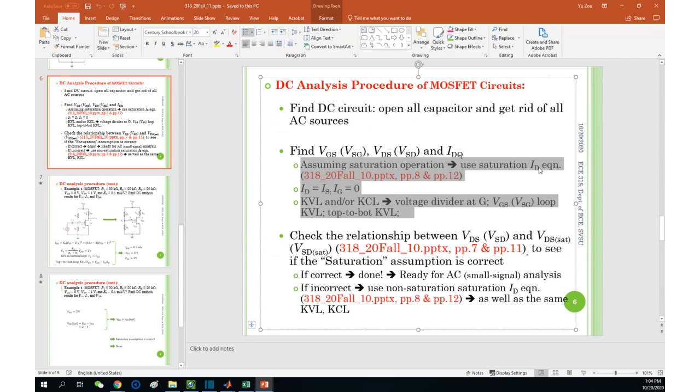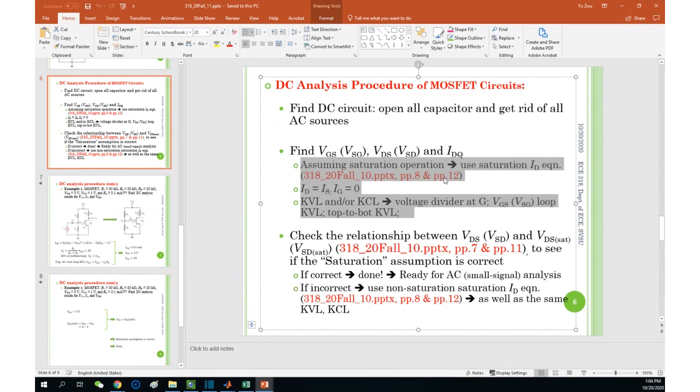This formula is available in slides number 10, which means lecture 12, on page 8 and page 12, respectively for the N channel and P channel. This is one equation, the saturation ID current equation.